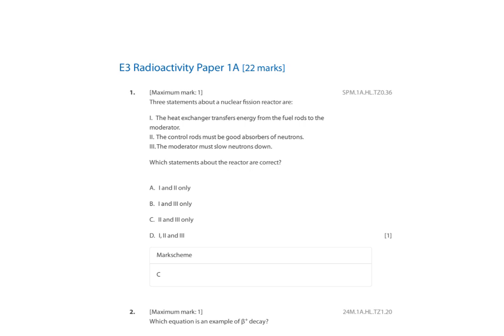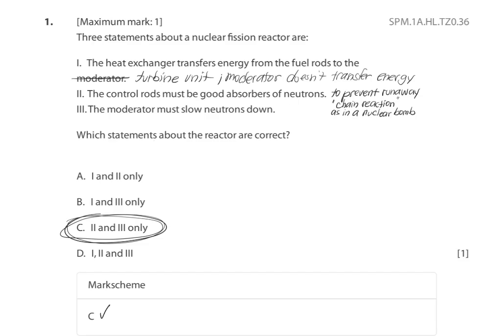All right, let's roll. The first question deals with a nuclear fission reactor, though I'm not sure if terms like moderator and control rods are in there. In a nuclear fission reactor, the radioactive material sends out neutrons and heat, but if the neutrons are not absorbed, they go on to create even more nuclear reactions, and you get a chain reaction, which is what happens with a nuclear bomb, and the whole thing explodes.